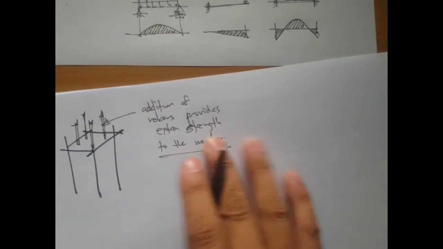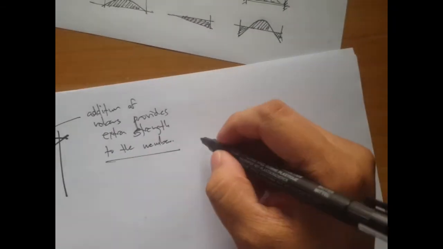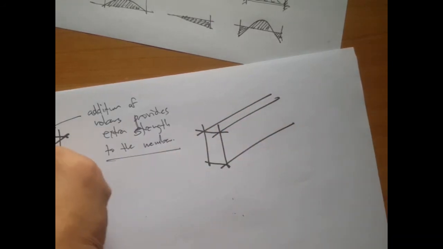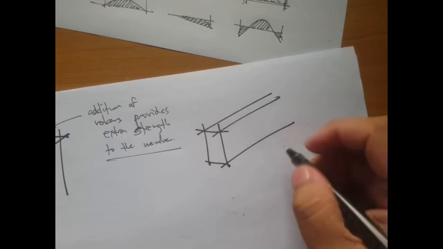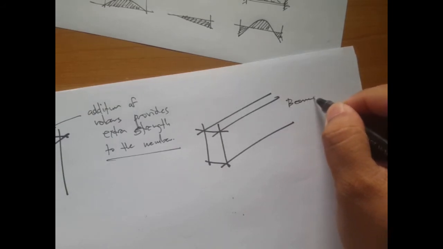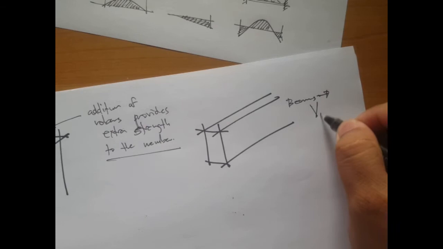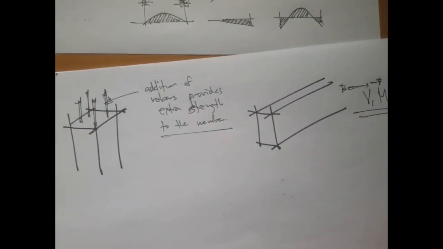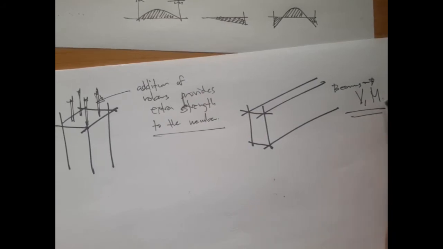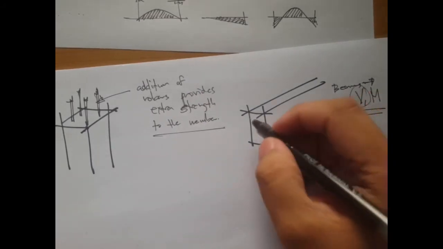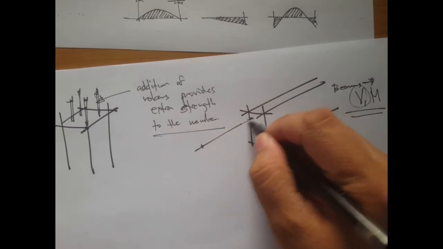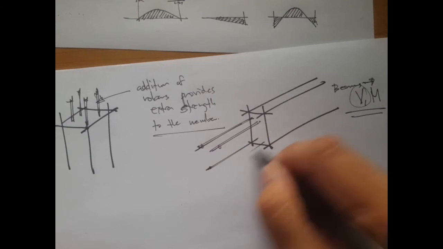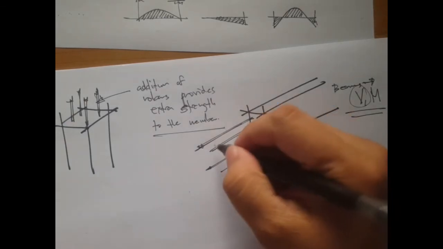Okay, and there are still others, like for example in beams. In beams, there's also shear. So recall that for beams we have shear and moments. Now, with regard to shear, we also provide reinforcement, shear reinforcement in the concrete.